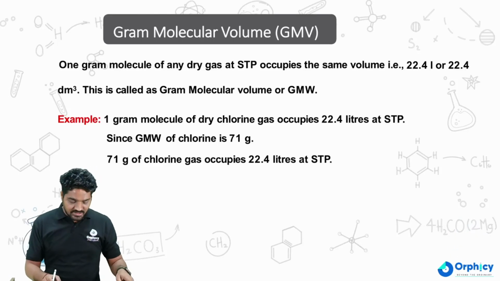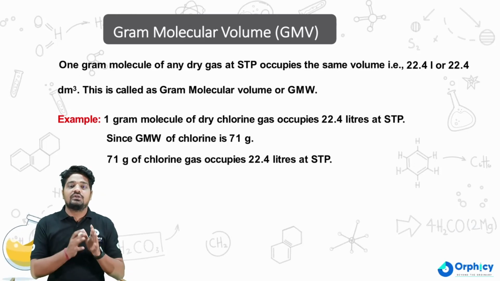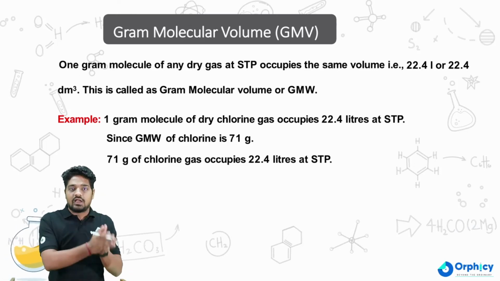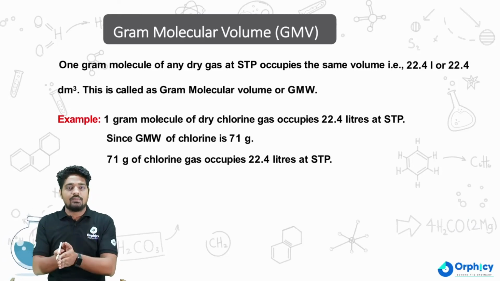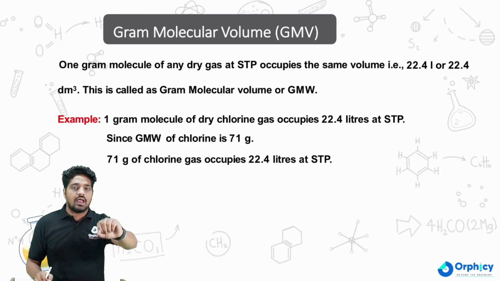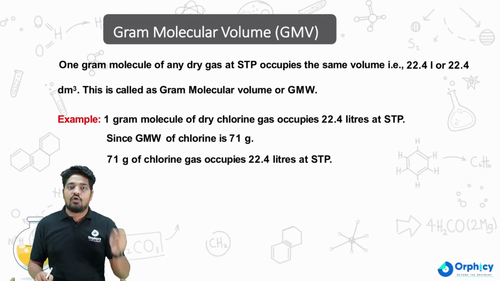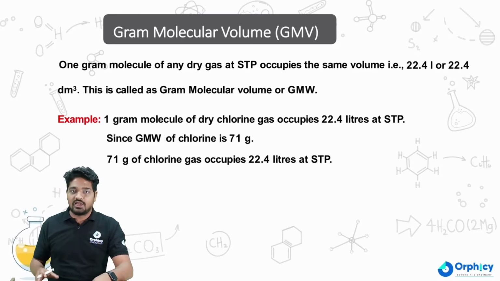So now let's jump on to the next thing, that is gram molecular volume. We have learned about gram atomic mass, gram molecular mass, that is your molar mass only, and now we will discuss gram molecular volume, because volumes are only covered for gases. हम gases के बारे में ही बात करते हैं.